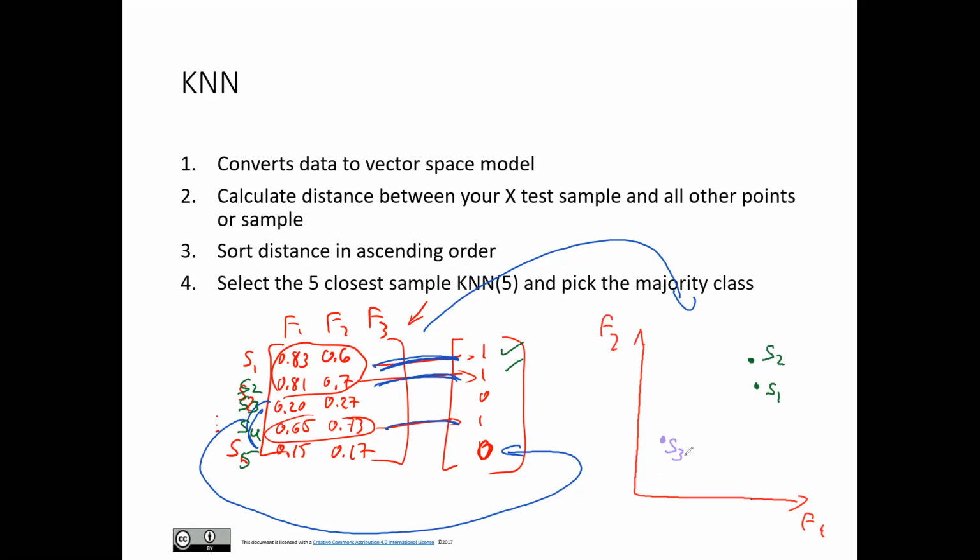That's S3. That's basically being determined by the labels that I have. Then I'm going to do S4. That one, again, is green because it's a one label. So the value there is 0.65 to 0.73, so roughly about there.